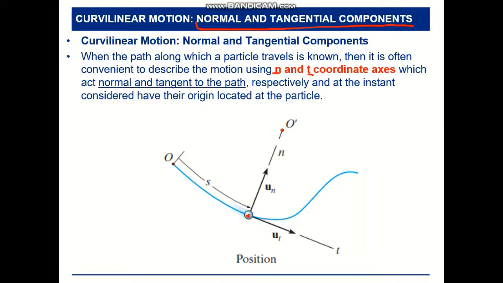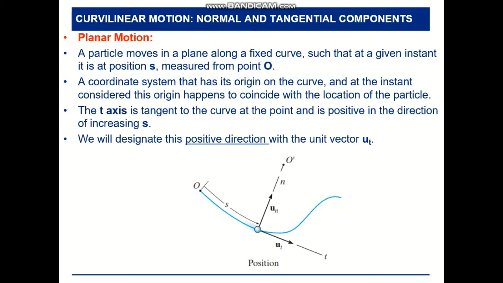You know that if we take any fixed point, the tangent to the curve is going to give us the velocity term, and then the normal of the path is going to give us the position vector. So that's why it's convenient to use this kind of terms. It is easy to describe this curvilinear motion, also called planar motion.